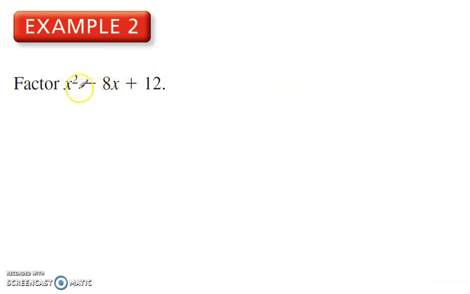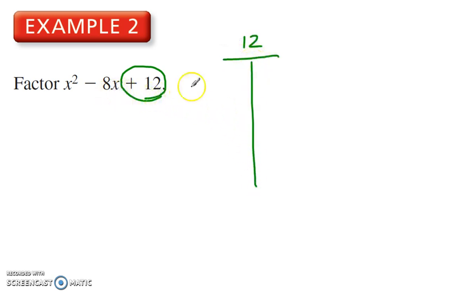Okay, here we have a negative, so that's going to be slightly different than the previous example, but we're going to start again with the 12. What multiplies to give me 12? I've got 12, always the number in itself. 1 times 12, 2 times 6, 3 times 4.